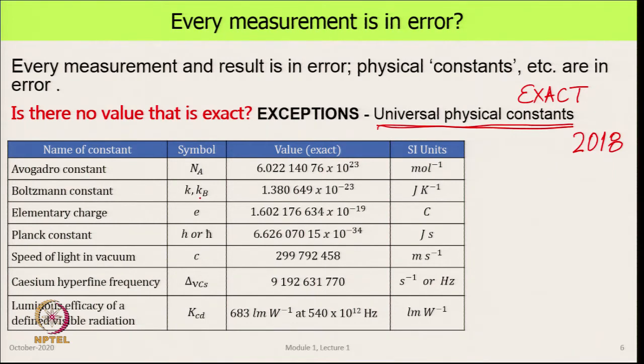Then there is the Boltzmann constant, K or Kb, elementary charge E in coulombs, Planck constant H, its value is here and units joule seconds, speed of light in vacuum, this is the value, units, cesium hyperfine frequency, this is the value per second or hertz, and luminous efficacy of a defined visible radiation, KCD, 683 lumens per watt at 540 into 10 to the power 12 hertz, this is the units.